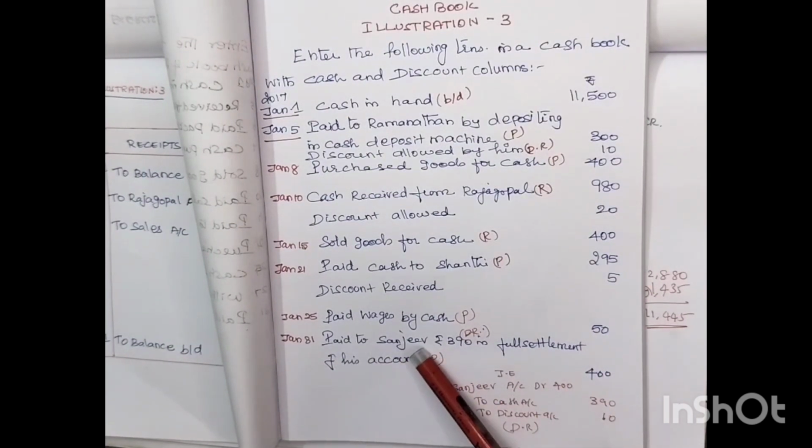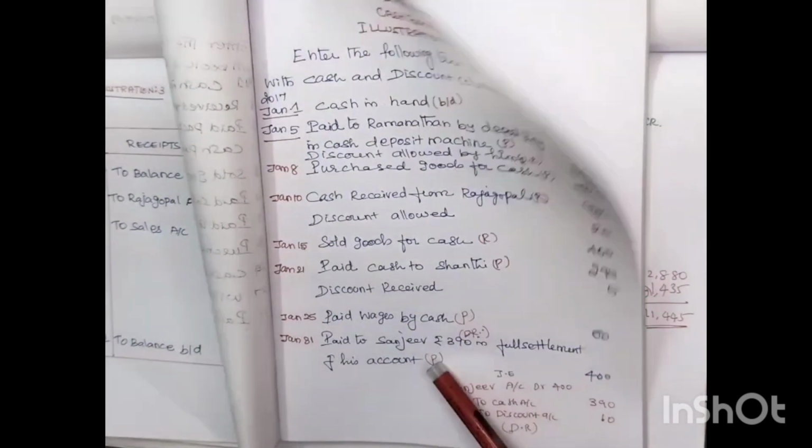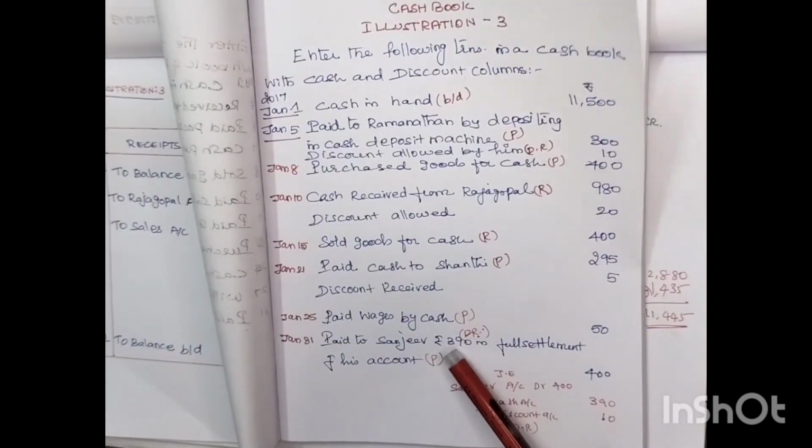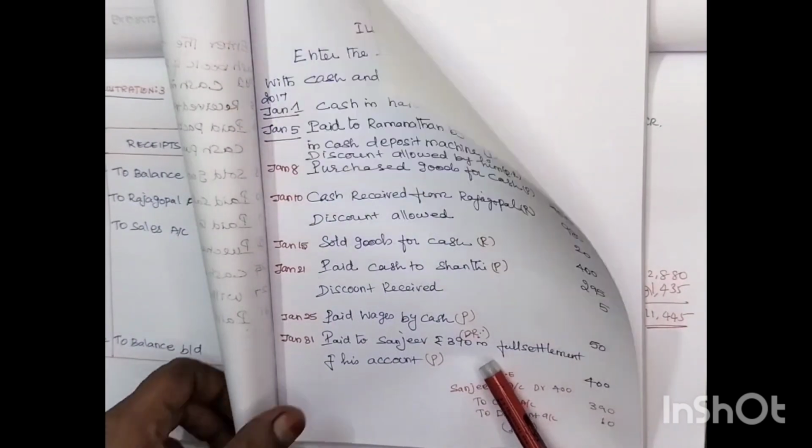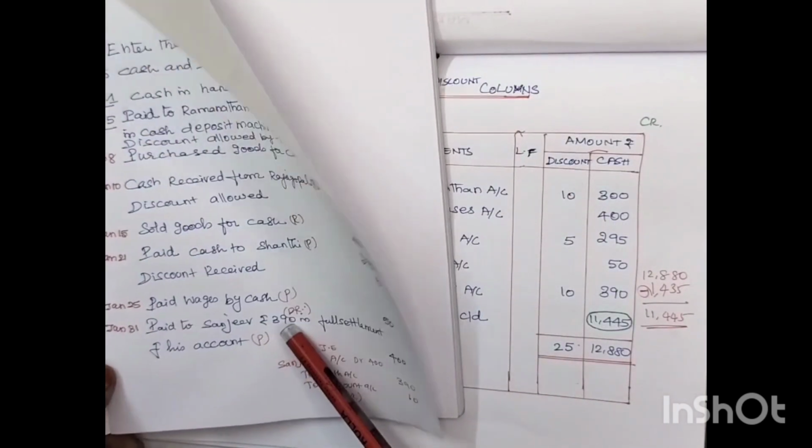So, paid Sanjeev rupees 390 in full settlement of his account of 400 rupees. What does this transaction tell us? This is a payment. Paid to Sanjeev means payment. You made a payment to Sanjeev.